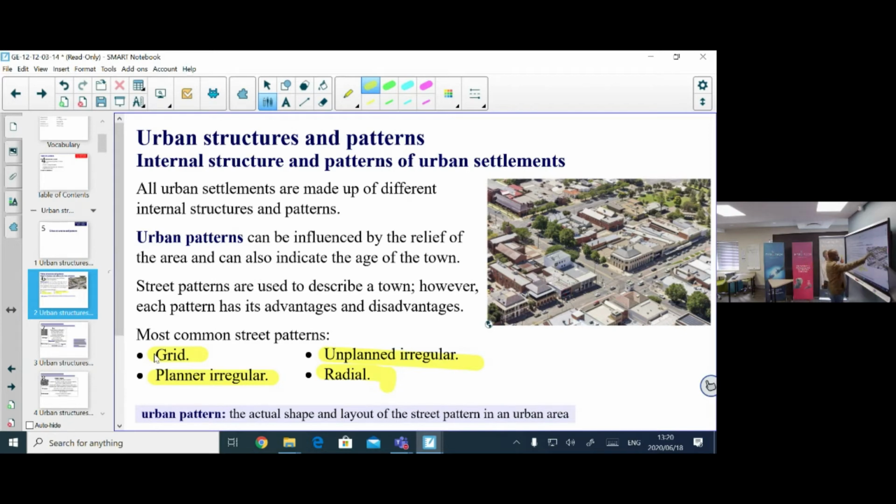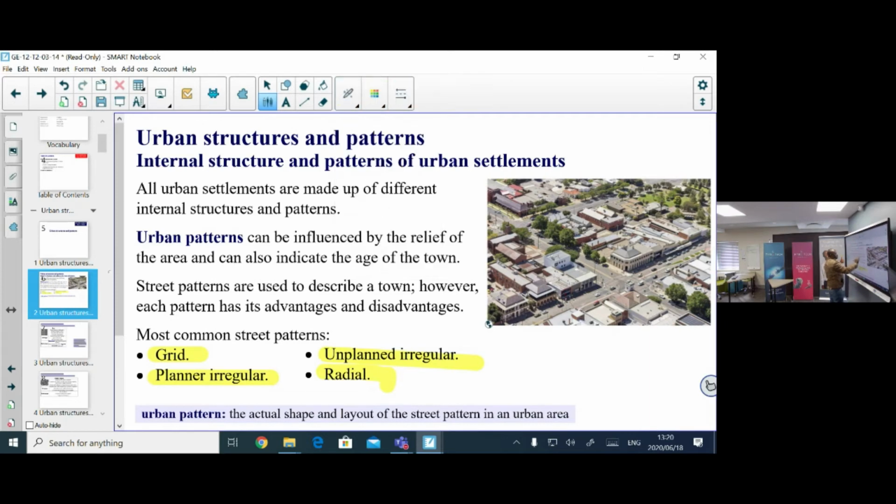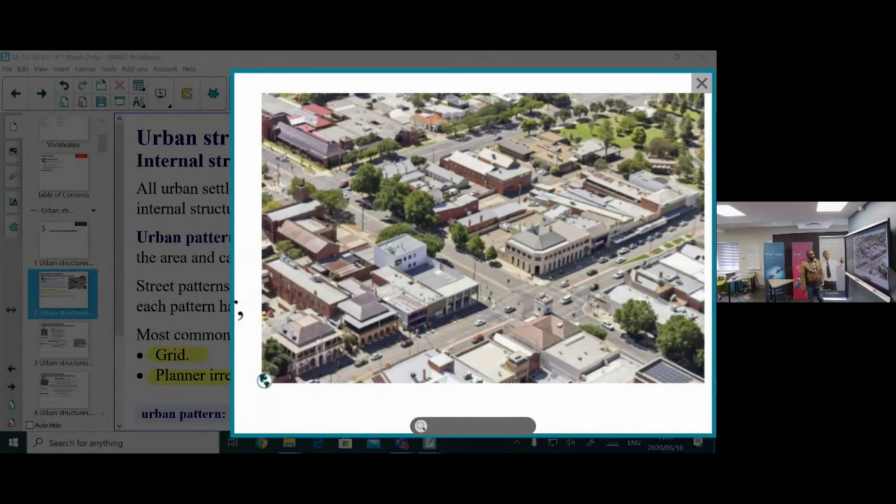So this picture here helps us to see another type of street pattern that we can have. Here you can see that we've got some sort of a street pattern which is actually linear, is it?